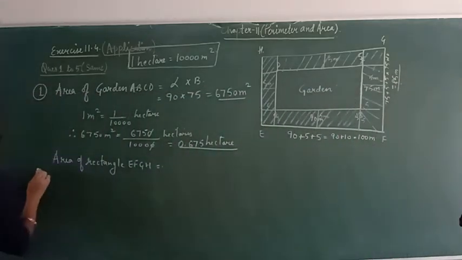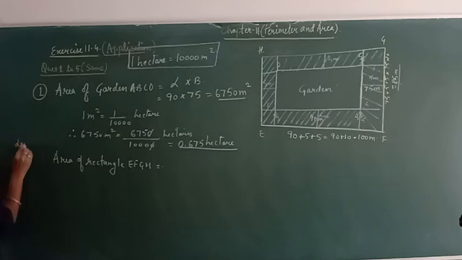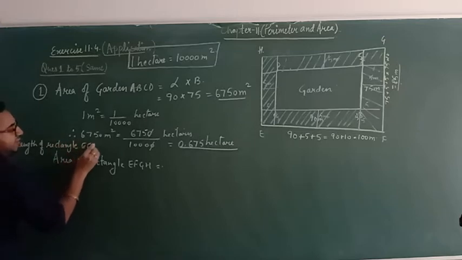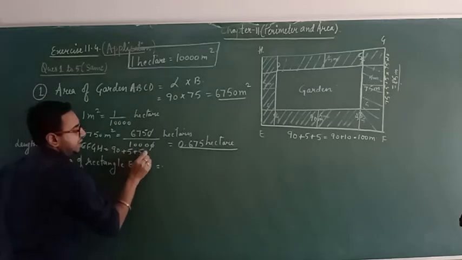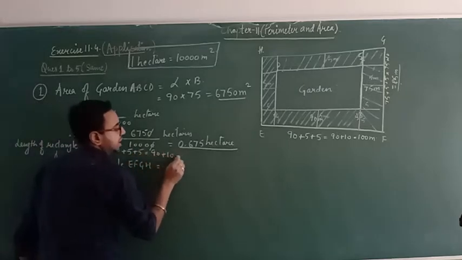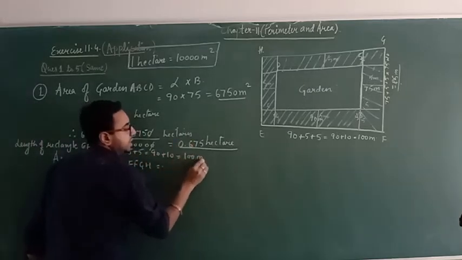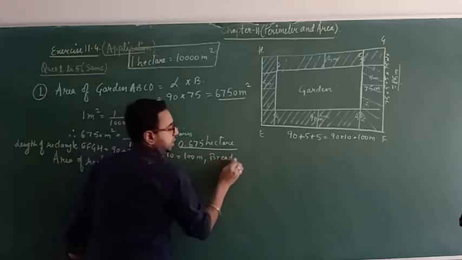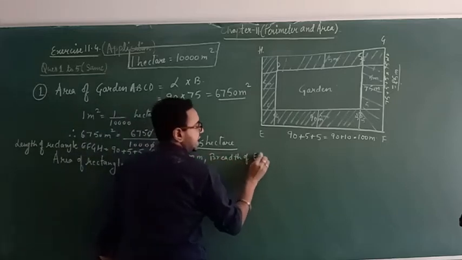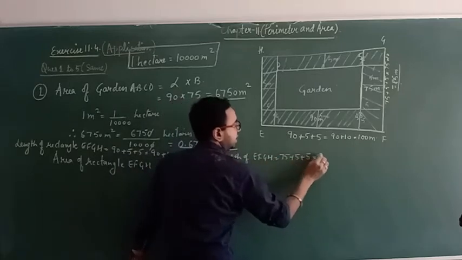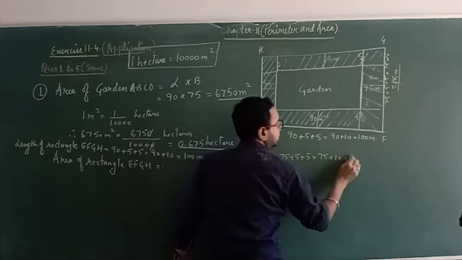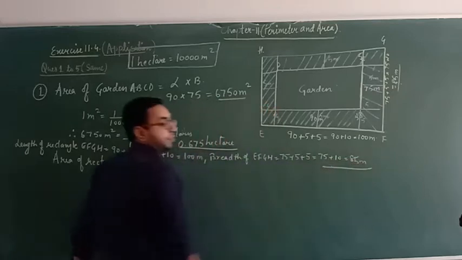Therefore, you write. Length of rectangle EFGH is equal to 90 plus 5 plus 5, that is 90 plus 10, that is 100 meter. Similarly, the breadth of EFGH is 75 plus 5 plus 5, that is 75 plus 10, that is 85 meter.